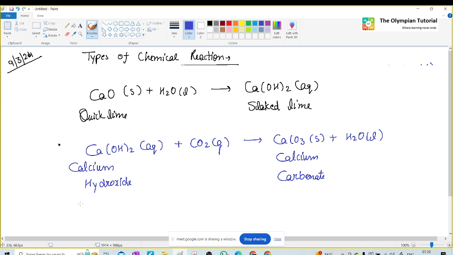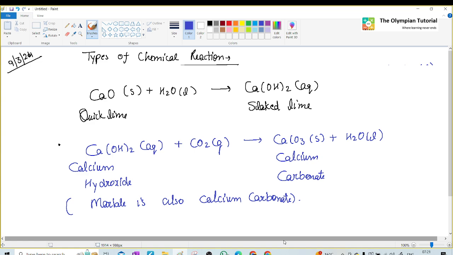One line you can write in bracket, it is not related to this, but for our knowledge it is important to know: marble is also calcium carbonate. Are you getting? Yes, ma'am.